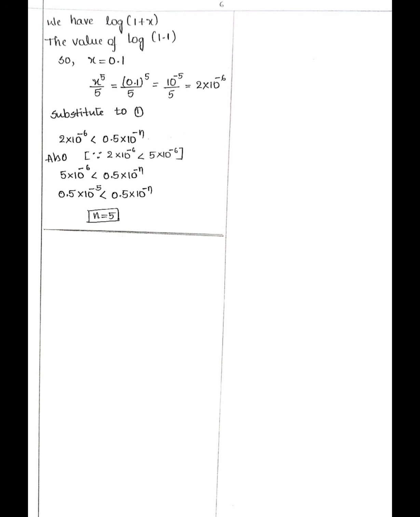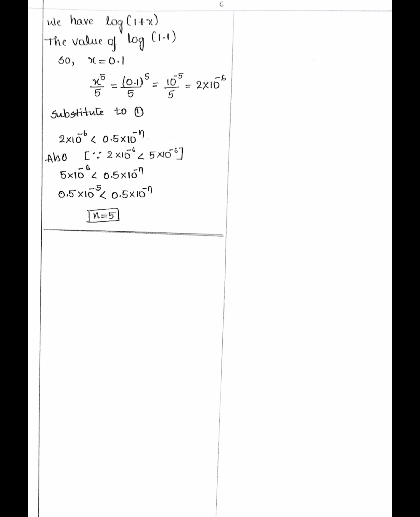We know that the error should be lesser, meaning 2 into 10 power minus 6 should be less than 0.5 into 10 power minus n. We are supposed to find that n now. I cannot compare 2 and 5 directly. So what do I say? 2 is less than 5.